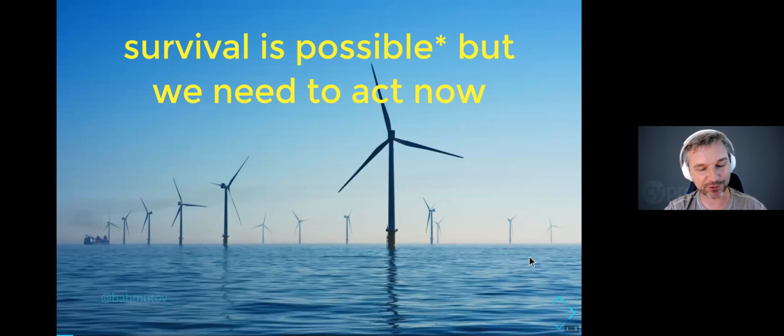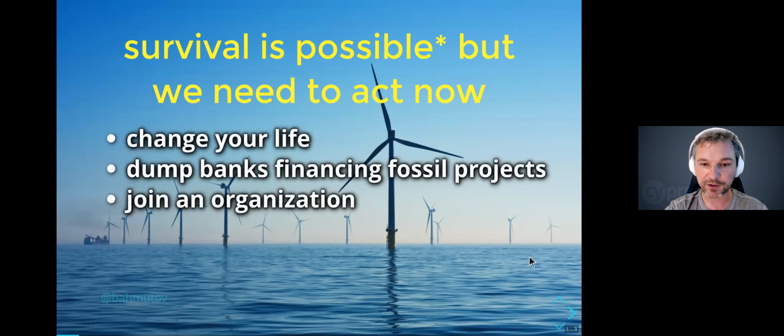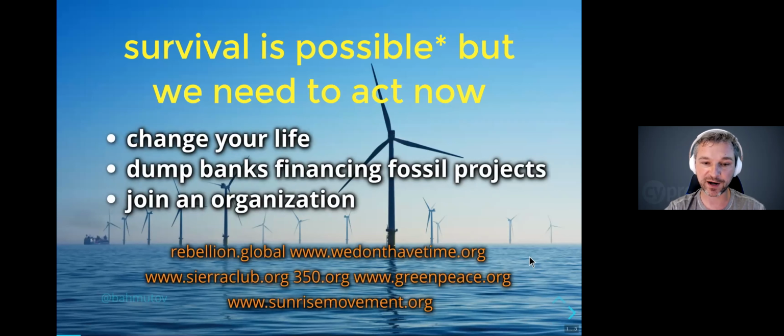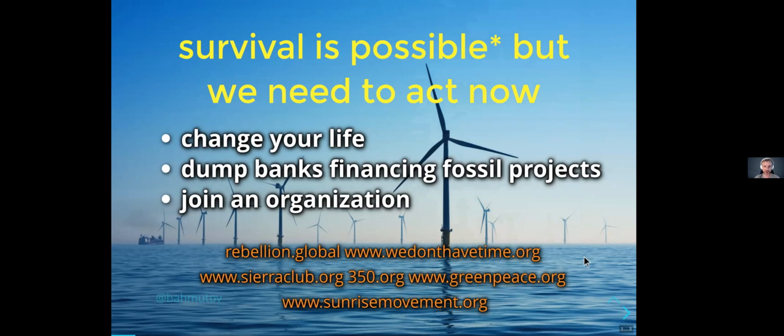And fortunately or unfortunately, the answers are surprisingly simple. We have a technology to eliminate 90% of greenhouse gases. We just have to act. You can change your life, but more importantly, join an organization. There are lots of them fighting for survival of the planet. Find the one, go to the meeting, attend it virtually, do little things, and together we can solve it.